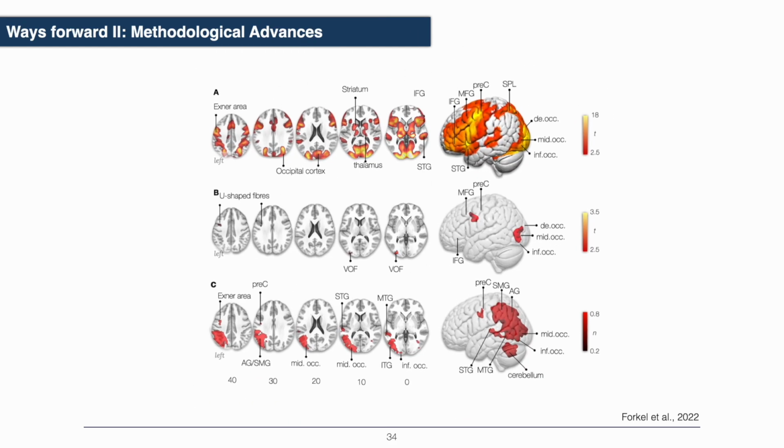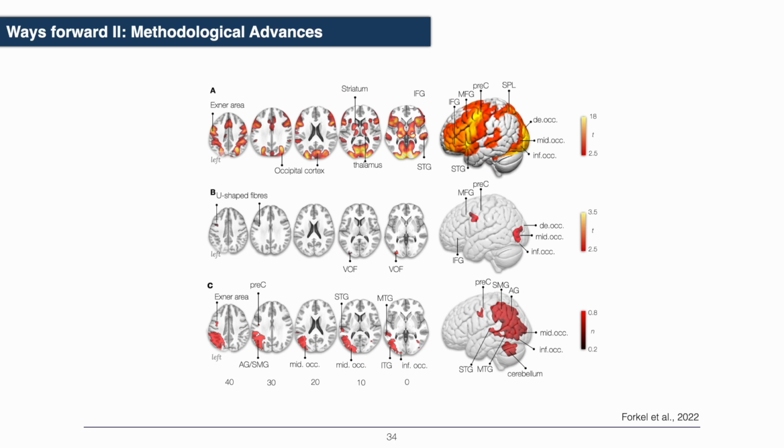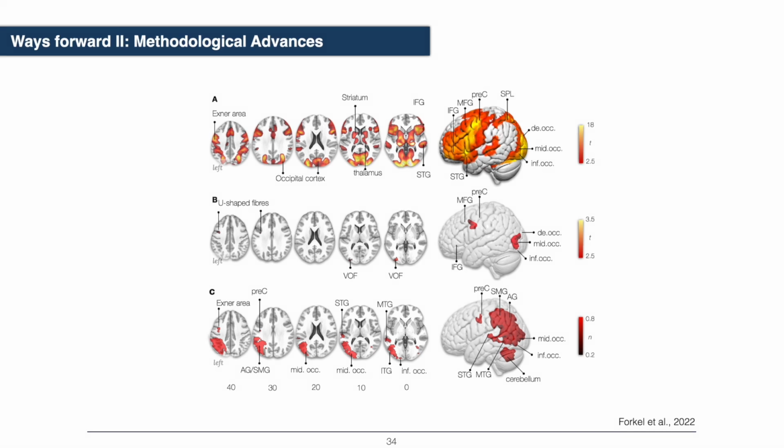So what you have on the top is the fMRI activation for reading in the brain. Classical average map. Then we identified the white matter that is essential for reading. And here you get the Exner's area in the posterior middle frontal gyrus, and you've seen this one before, the vertical occipital fasciculus.